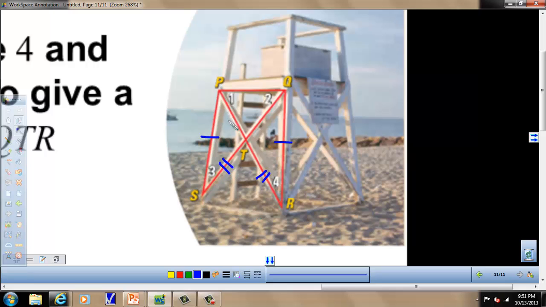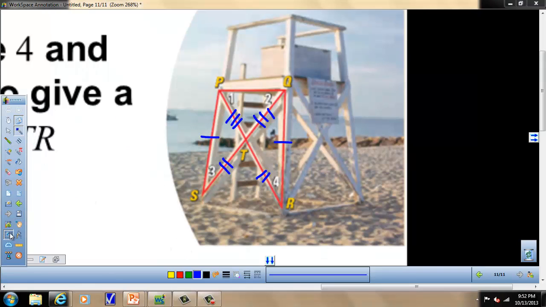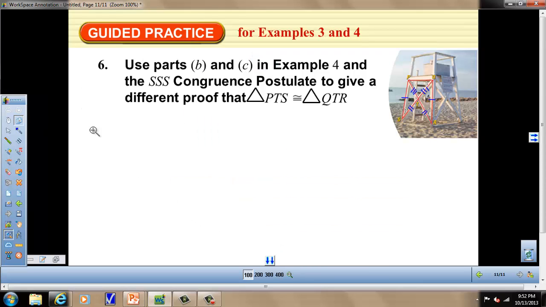And again, we've already proven that these are congruent when we showed that PQT was isosceles, so now we have our side. And I think that's it for this one.